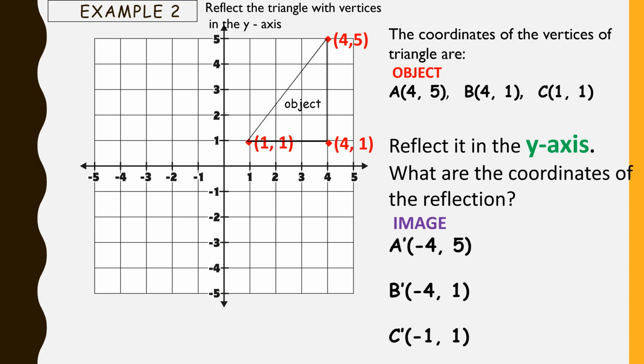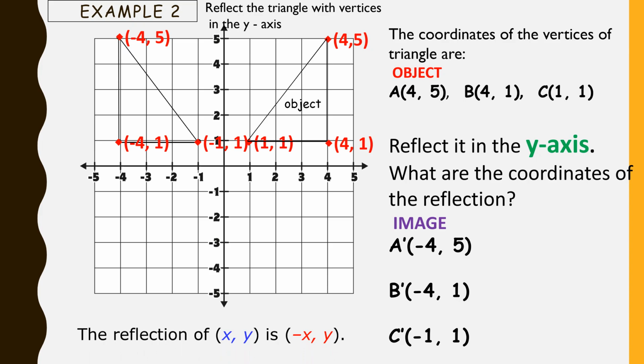So that will give you the coordinates of the reflection. Now, when you're done getting this, you need to graph the image. So you have -4, 5, -4, 1, and -1, 1. So this is what you have.